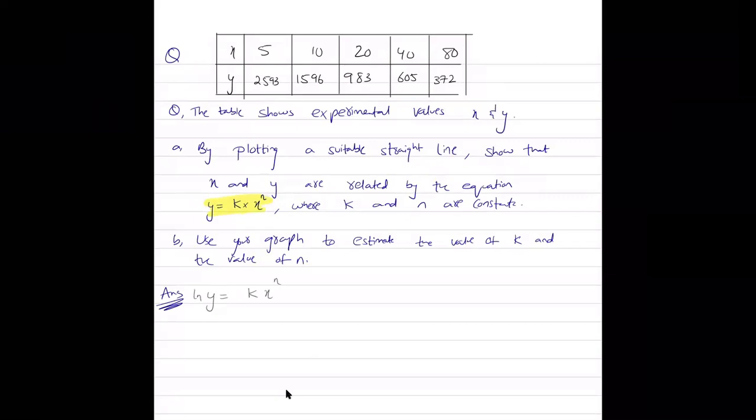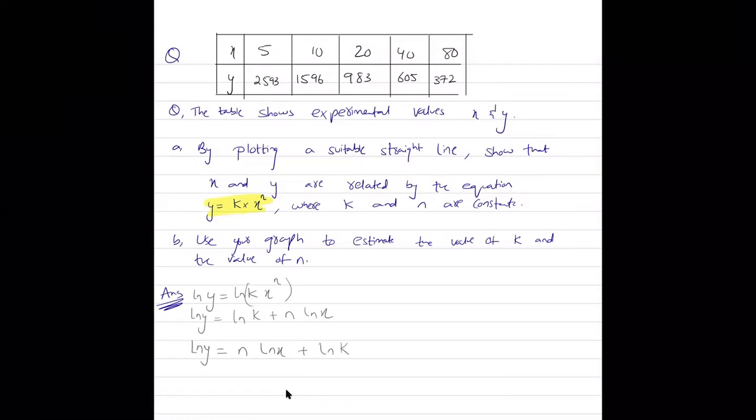I can take ln over here as well. So this is going to be ln y equals ln k plus n ln x. Now I cannot write ln x as 1. You know why? Because ln e was 1, ln x is not 1. x is a variable over here. ln y is going to be n ln x plus ln k.